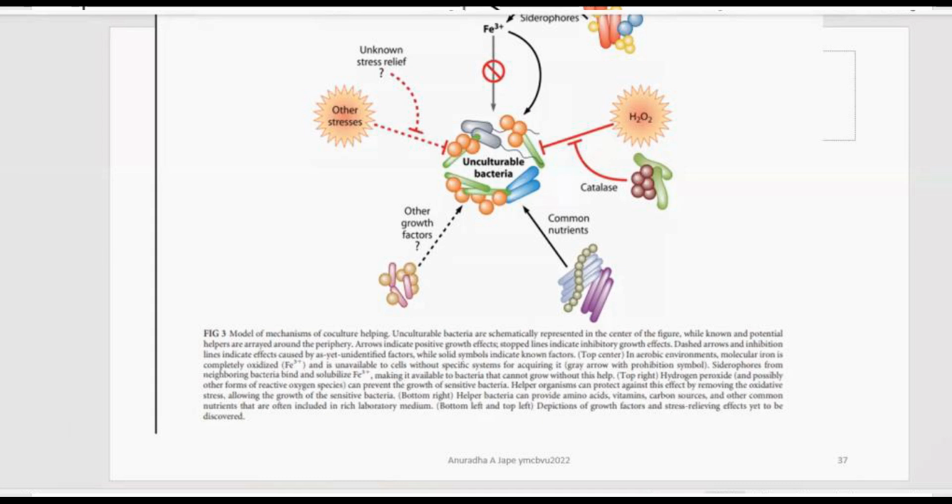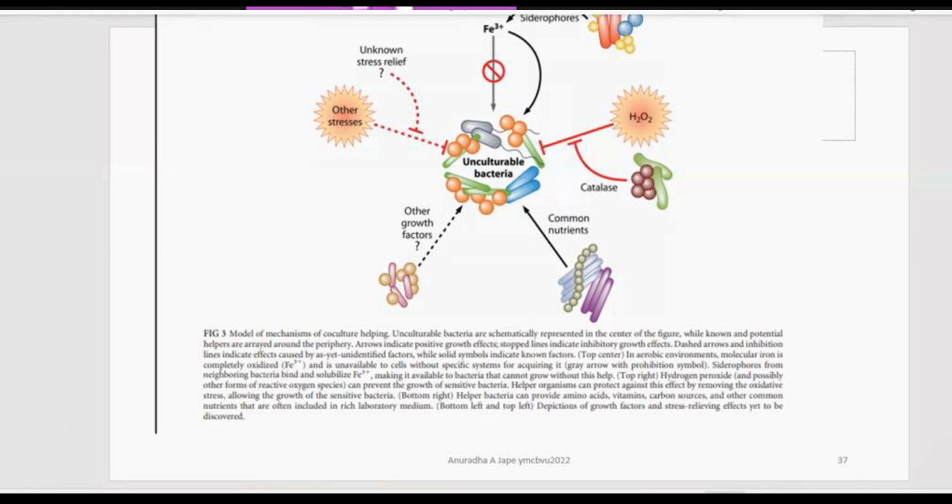The example of siderophore, E. coli, enterobactin, and Maribacterium example we had talked about. Then we talked about catalase from Prochlorococcus and Alteromonas. Then common nutrients. It could be some specific growth factors, or maybe specific stress factors. You have to find out what is the hindering agent or what is the promoting agent, and then you have to provide the promoting agent, or you have to remove the hindering agent so that you are able to promote the growth of that bacterial species.